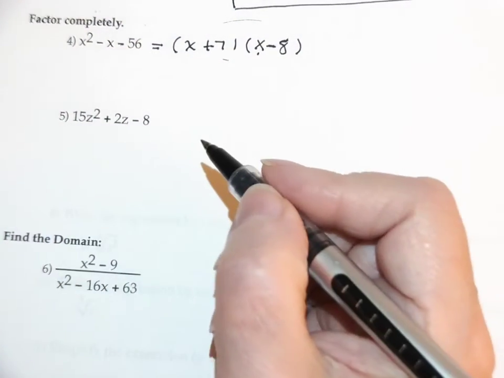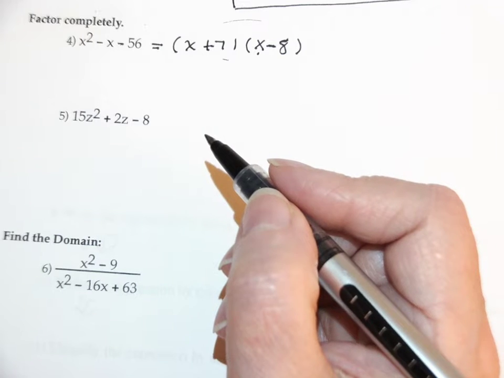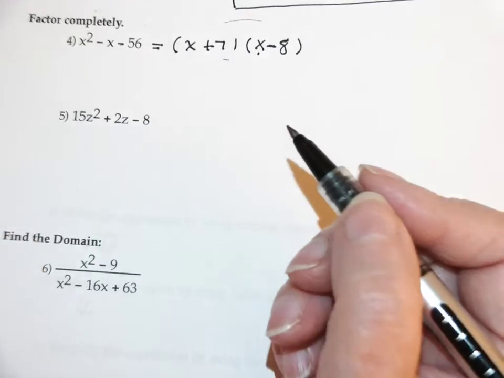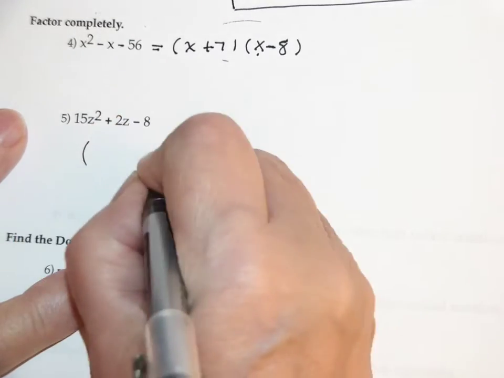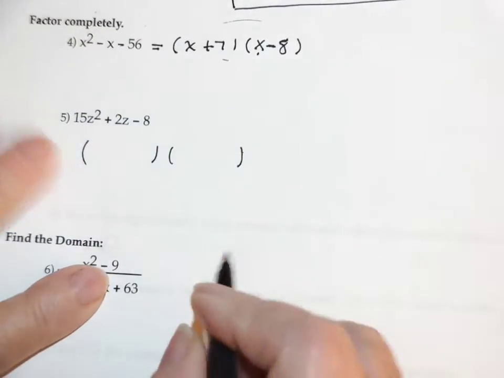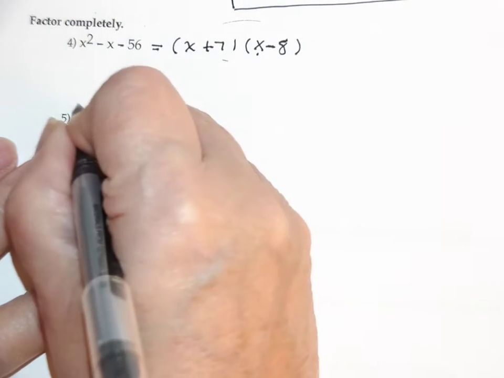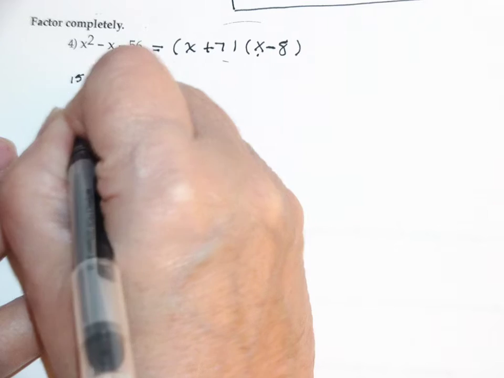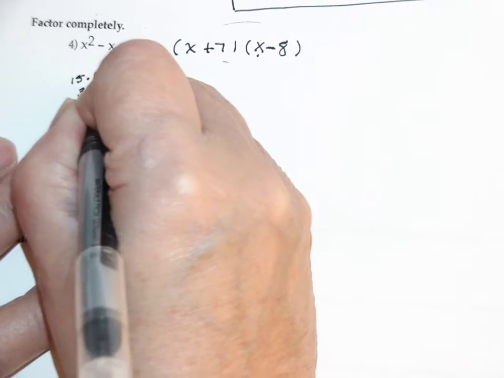For this guy, it depends upon how you're going to do this, but for me, I know I'm going to factor it into 2 sets of parentheses. My choices for 15 are 15 and 1, and 3 and 5.